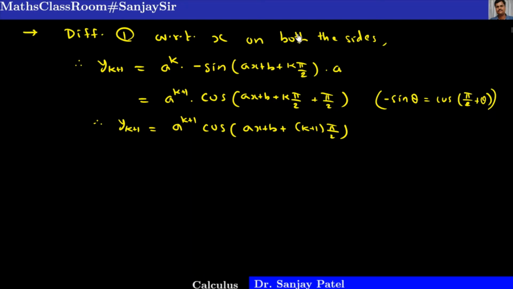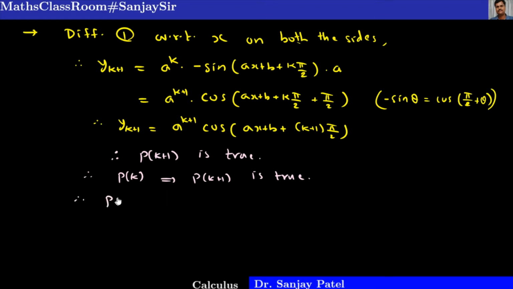So the conclusion is, therefore P of k plus 1 is true. So what we have proved is this: Pk implies Pk plus 1 is true, and therefore P of n is true for every n belongs to N. Okay, this you must write in all the theorems at the end after proving the result by induction.